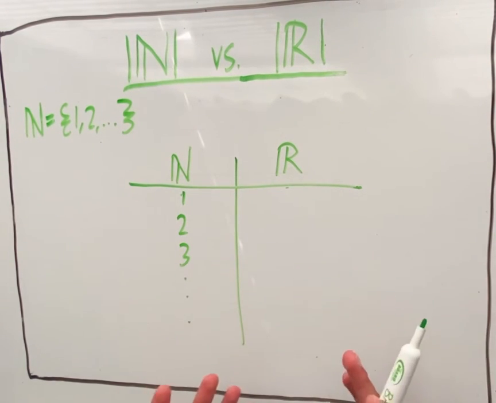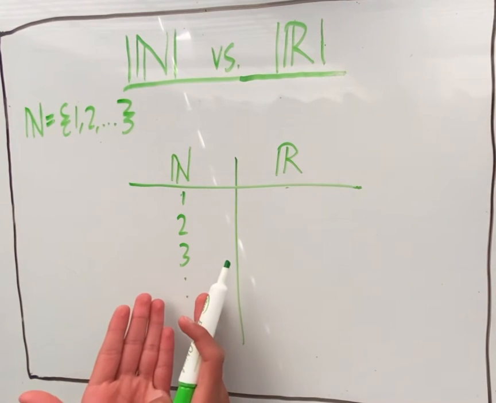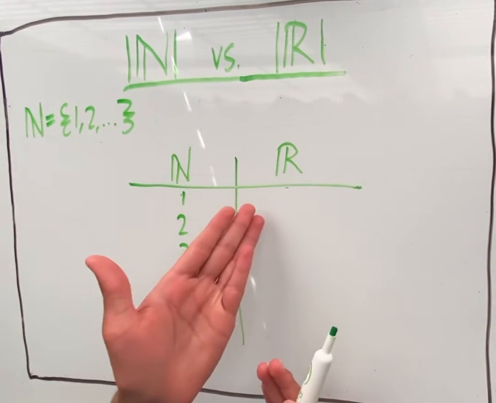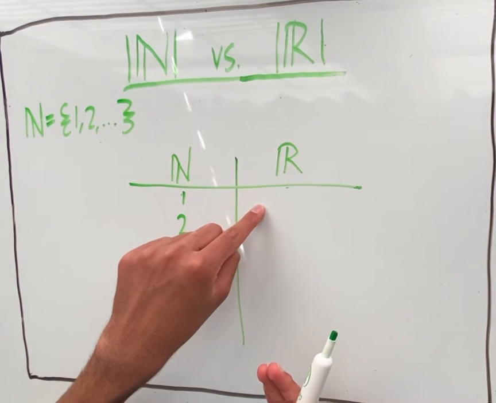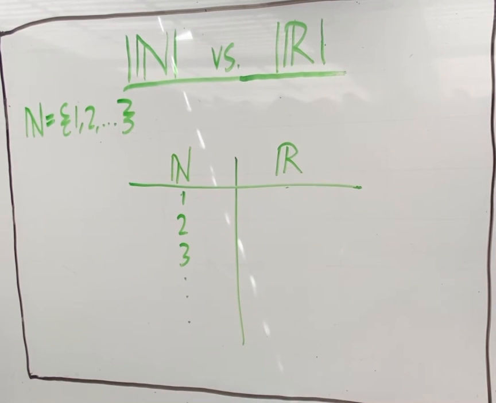And this has to be possible if there is a bijective function from the naturals to the reals, because it would be possible to arrange them in a table like this, with f of 1 being the first entry in this column, f of 2 being the second entry in this column, and so on. But we can show that this is actually not possible.